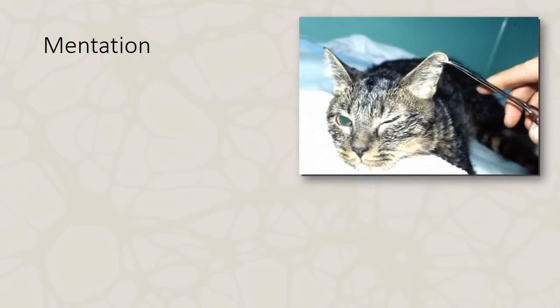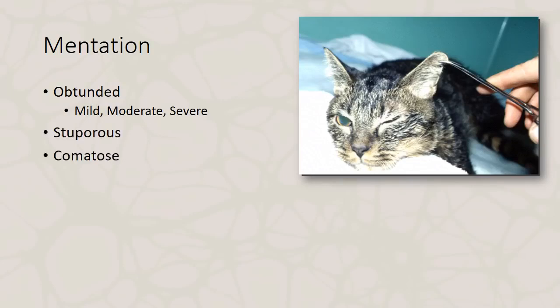As far as mentation, when we're classifying it as an abnormal neurologic mentation, we can classify patients as being obtunded. They can be mild, moderate, or severely obtunded, stuporous, and comatose. The difference between stuporous and comatose is that stuporous patients are still responsive to some sort of noxious stimulus, whether it be a strong smell, a loud sound, a strong light, or actually doing something painful to see if they're responsive.